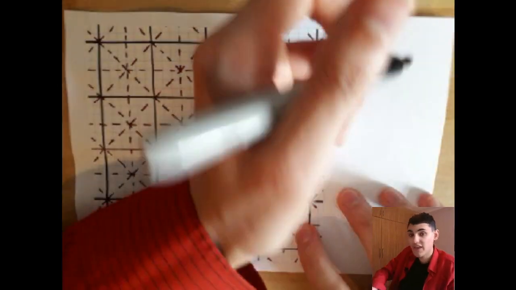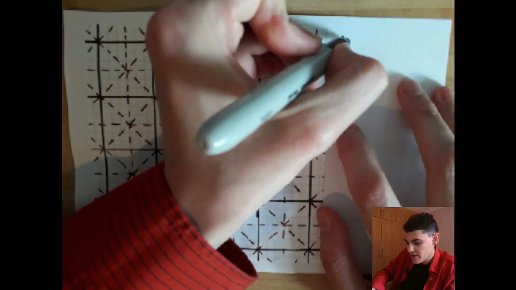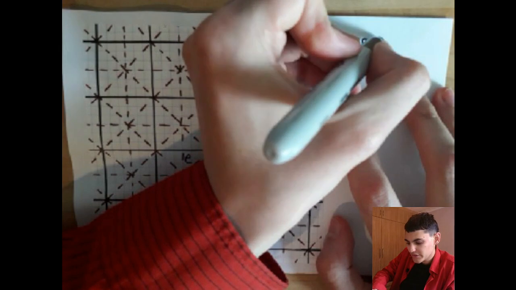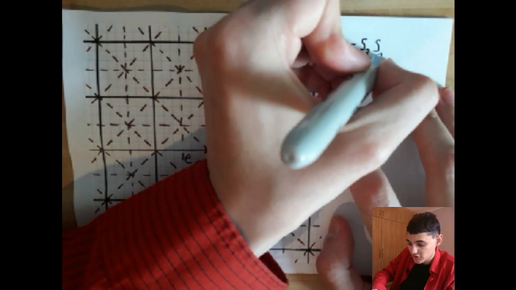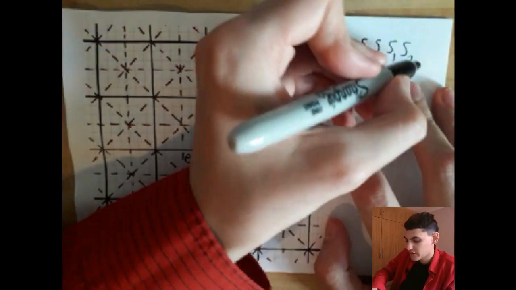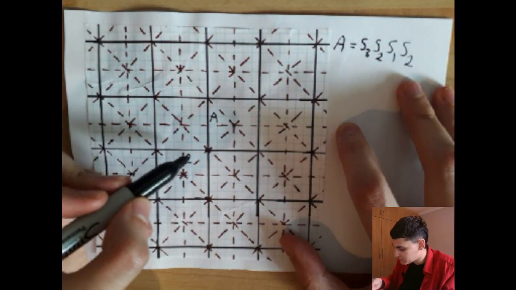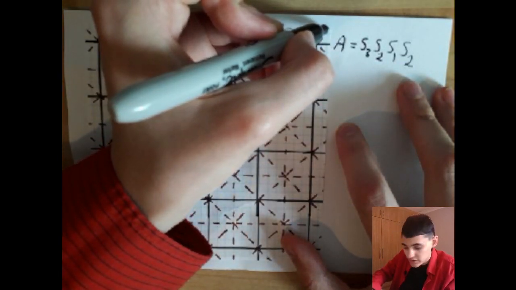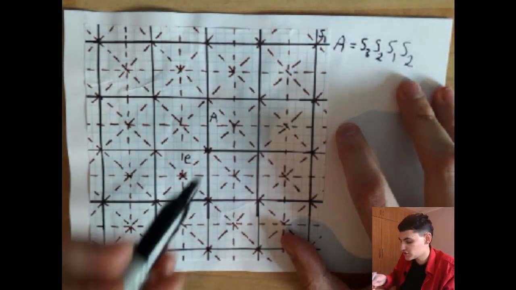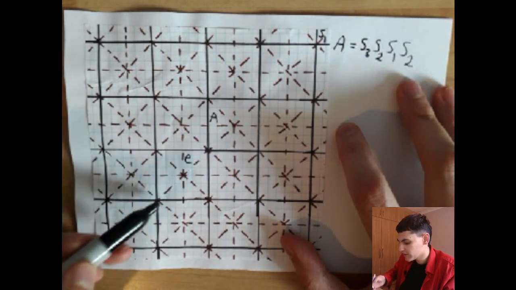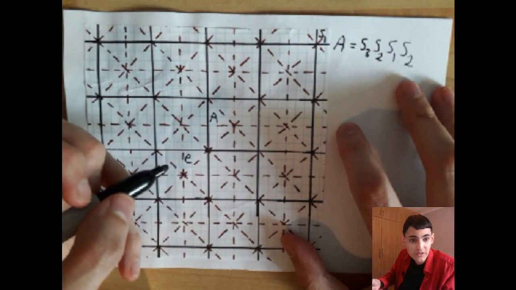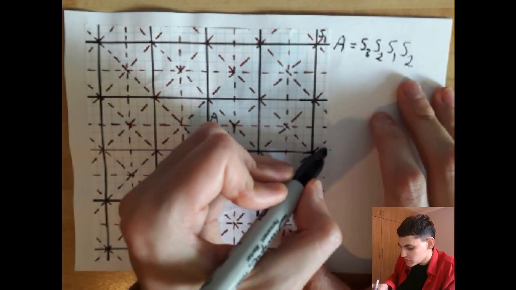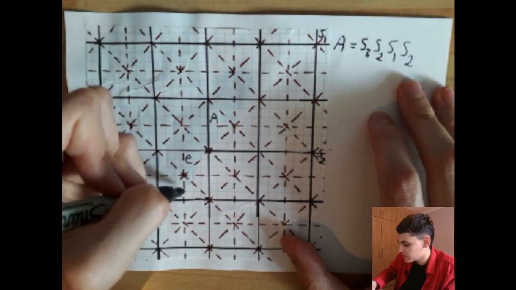Now we can say that A can be labeled as S3, S2, S1, S2, where S1 is the reflection in this wall, S2 is given by the reflection in this wall, and then S3 is the vertical wall here.